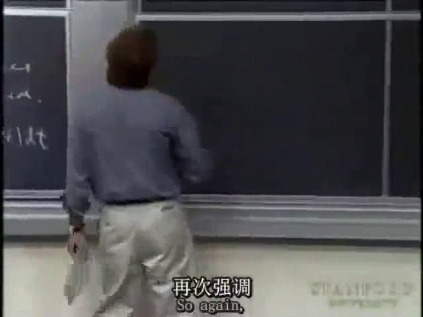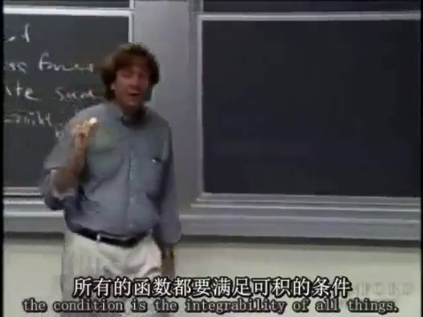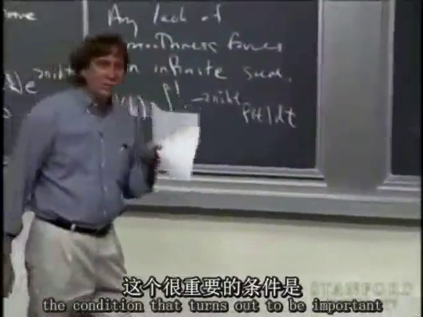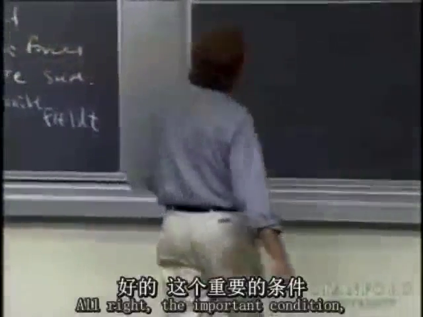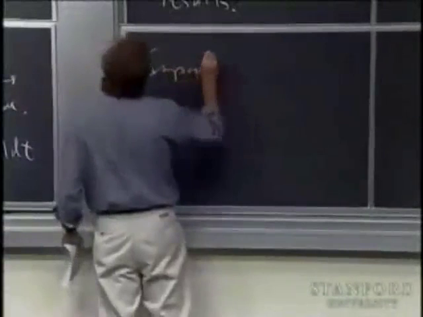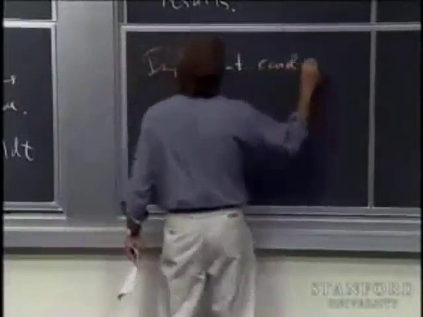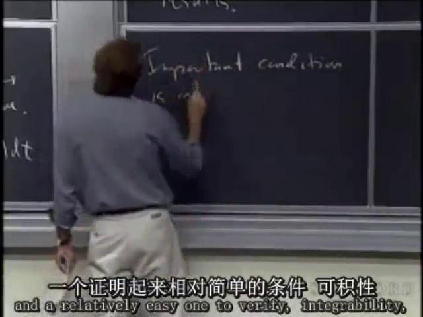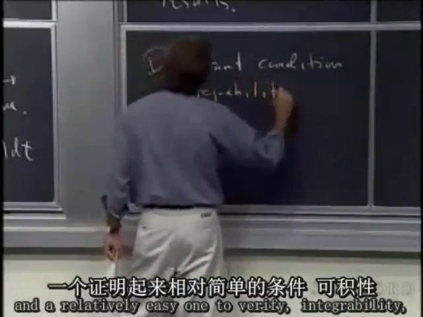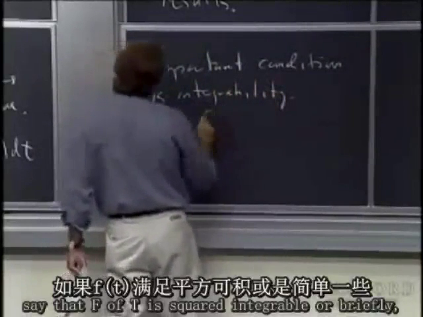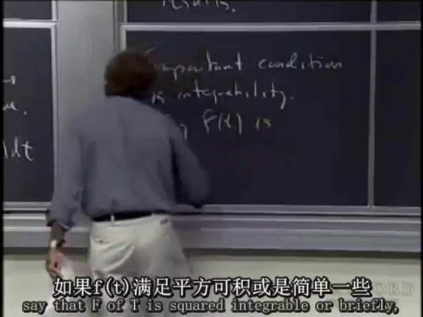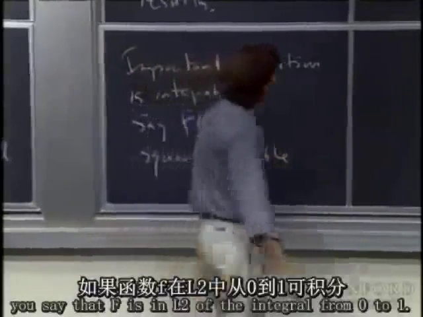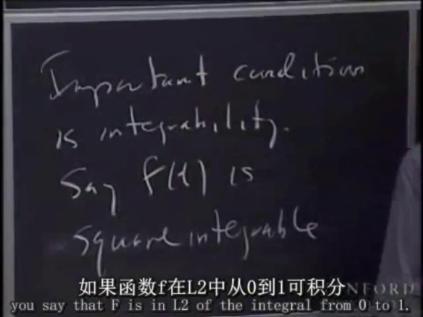So again, the condition is on integrability of all things. Instead of smoothness, instead of differentiability, the condition that turns out to be important is integrability of the function. The important condition, and a relatively easy one to verify, is integrability. You say that f of t is square integrable, or briefly, that f is in L2 of the interval from 0 to 1.